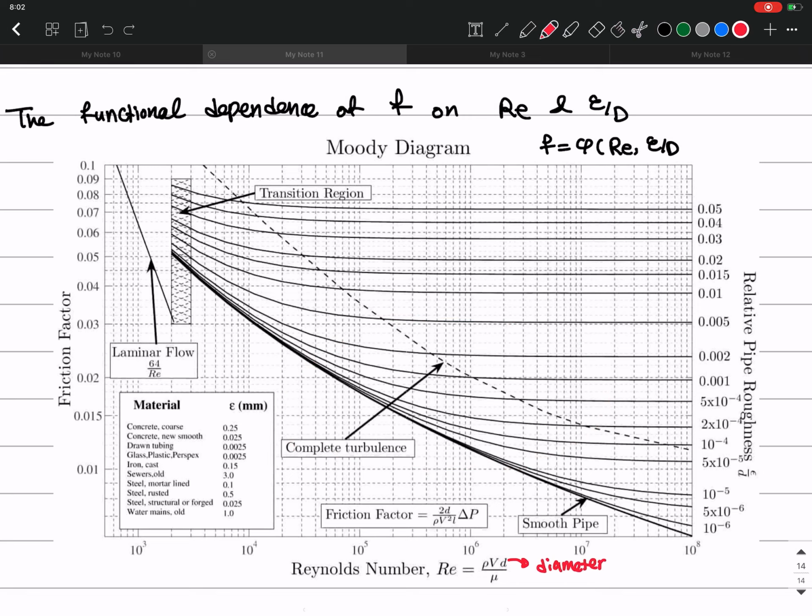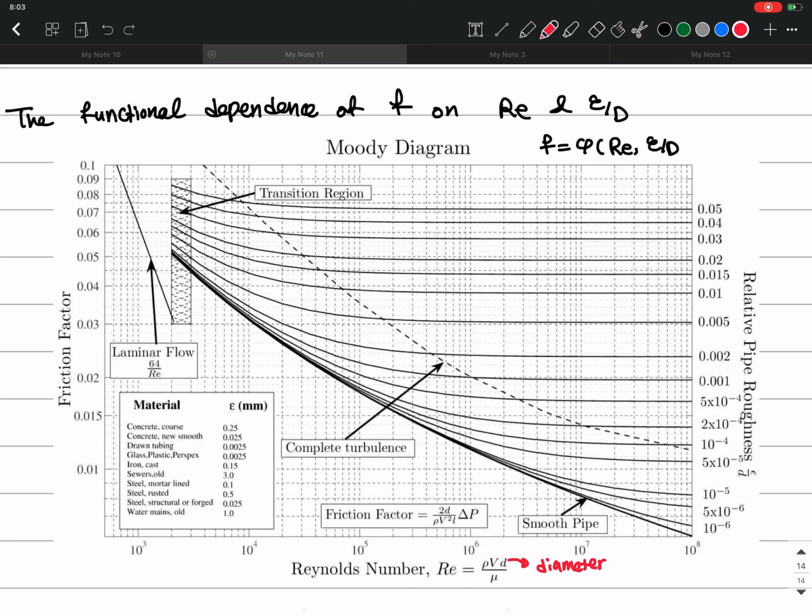So how should you find this? These are going to be different, dependent both on the Reynolds number, as you see, and also on the relative roughness. The relative roughness of different materials is also shown here.